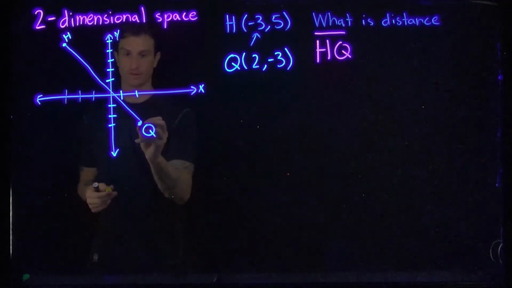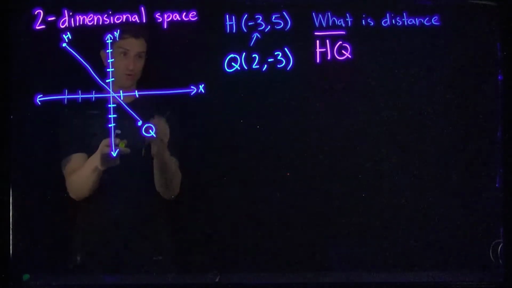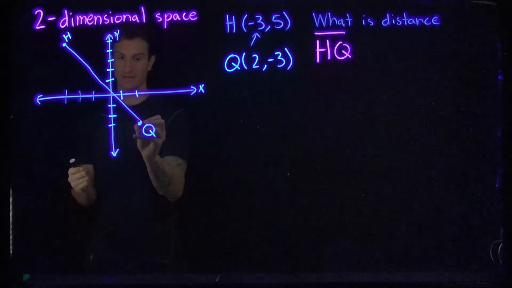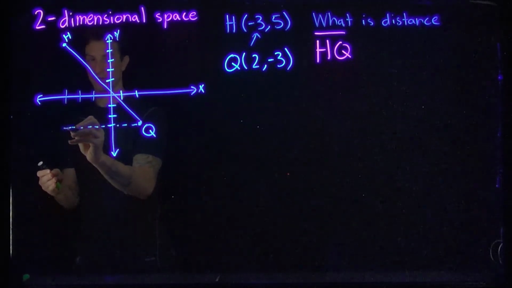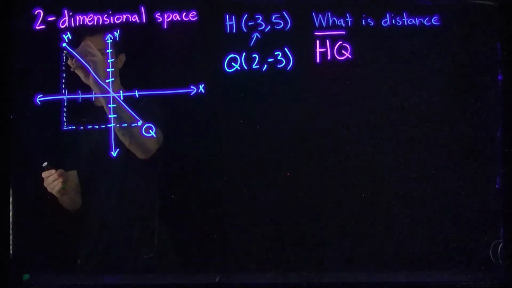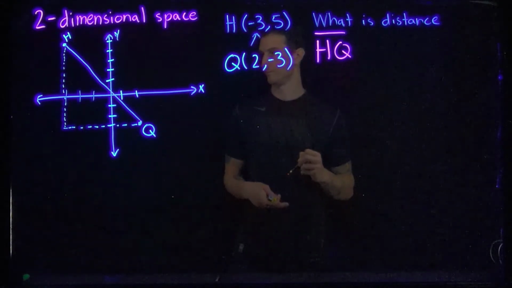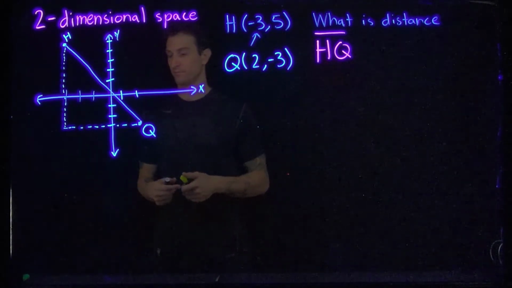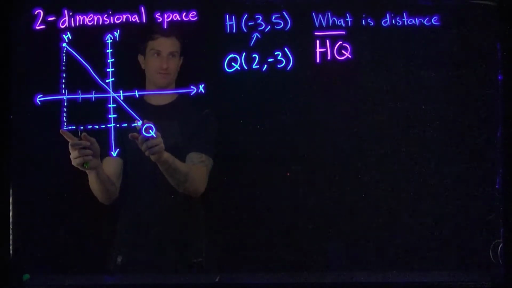So if I'm over here at +2, that's my X value, and over here my X value is -3. We're just going to draw a line moving across, dotted to here. So we're going to make this triangle, and we'll go up to our actual point. And what we want to know is, what's the length of this part of the triangle?